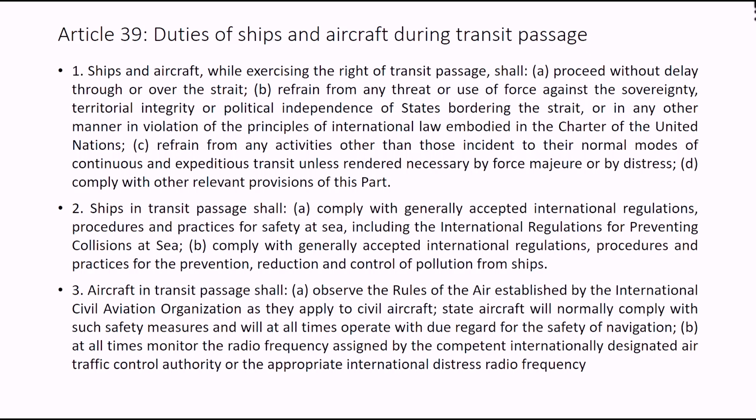So, certain limitations are imposed upon ships and aircraft: they should proceed without delay through or over the strait. Secondly, they should refrain from any threat or use of force against the sovereignty, territorial integrity or political independence of states bordering the strait, or in any other manner in violation of the principles of international law embodied in the Charter of the United Nations.